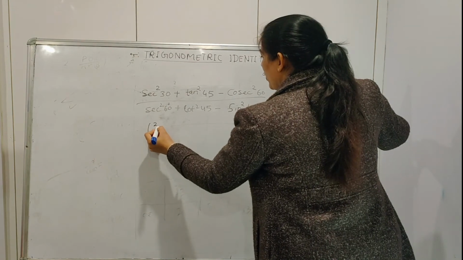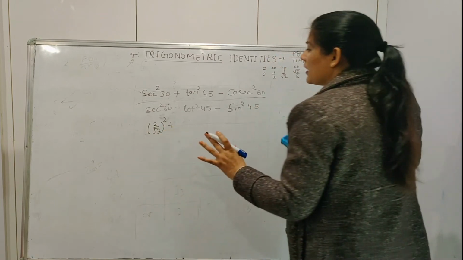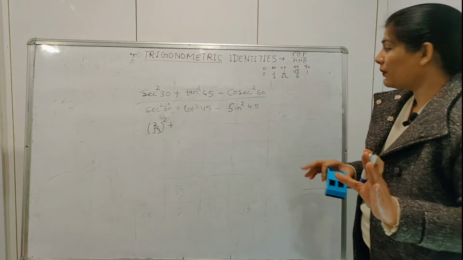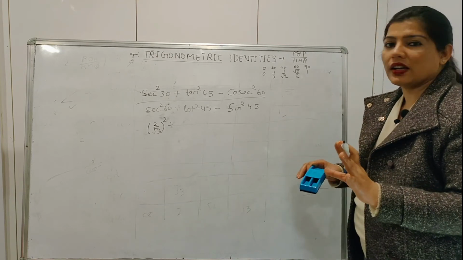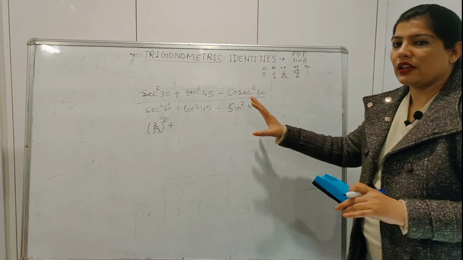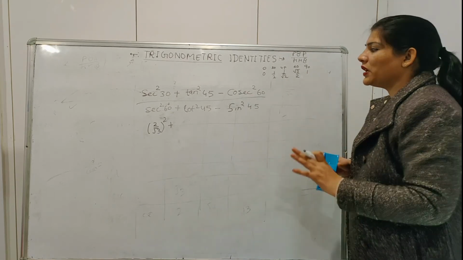So it is 2 upon root 3 square plus, I will not write any formula here. I will find all these values with the help of the sine values only. Okay, so listen to me carefully.